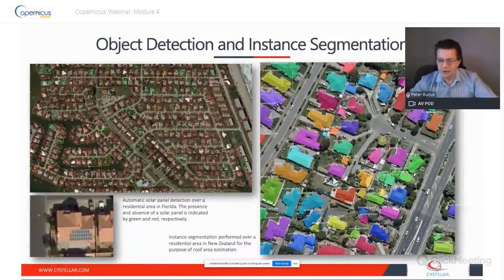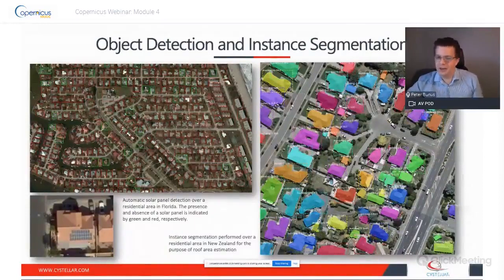In the image on the right, we are actually doing image segmentation. We are clearly defining the contours of the buildings in order to make, for example, an area estimate of the roof. Later on, this picture can be supplied to a classifier that will classify different types of roof shapes.